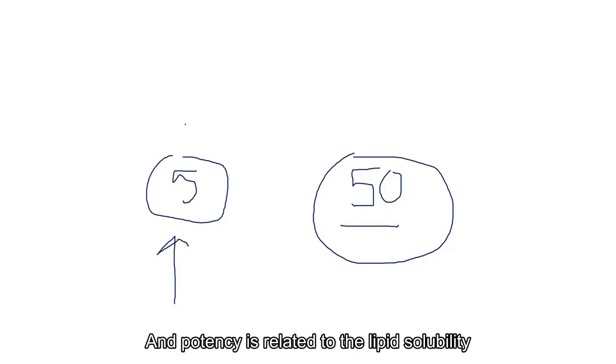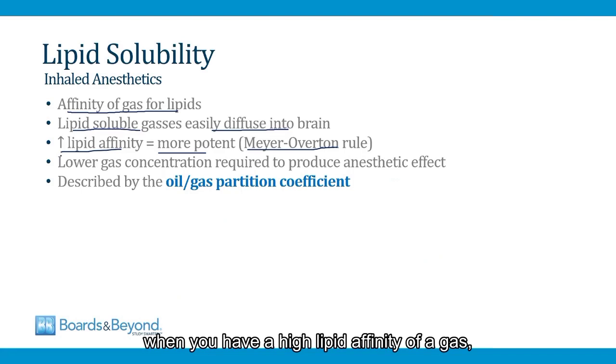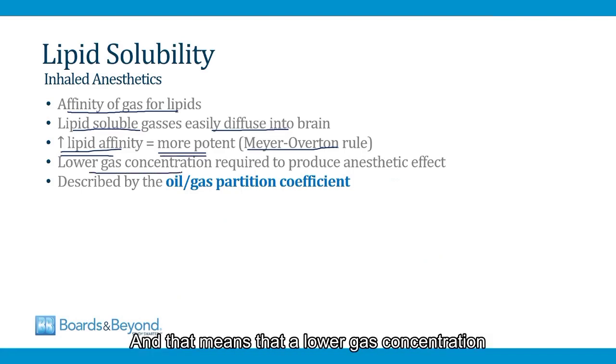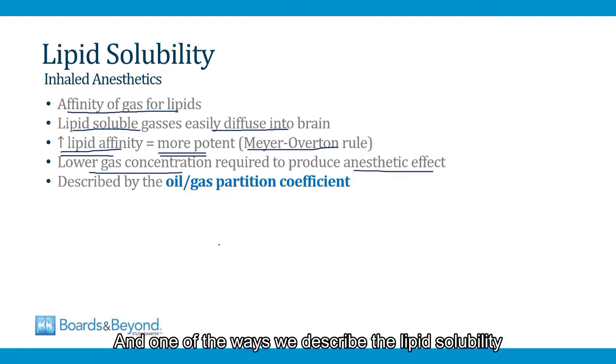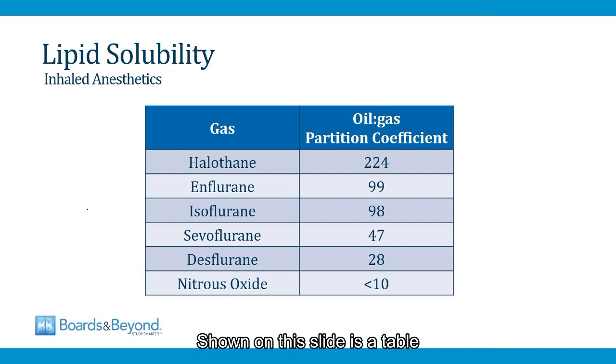And potency is related to the lipid solubility of a gaseous drug. So as I said, when you have a high lipid affinity of a gas, it's more potent, and that means that a lower gas concentration will be required to produce an anesthetic effect. And one of the ways we describe the lipid solubility of various gaseous anesthetics is by what's known as the oil-gas partition coefficient. Shown on this slide is a table with the oil-gas partition coefficients for some inhaled anesthetics.